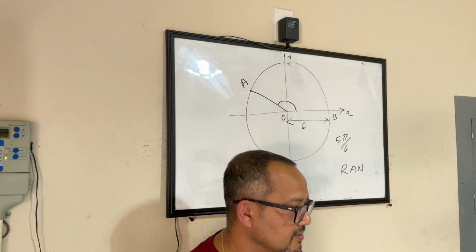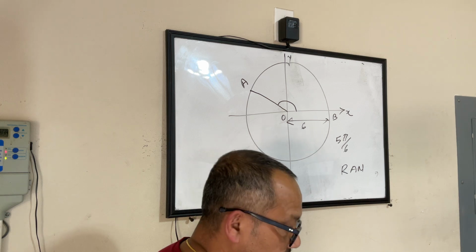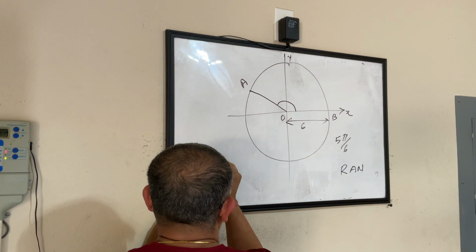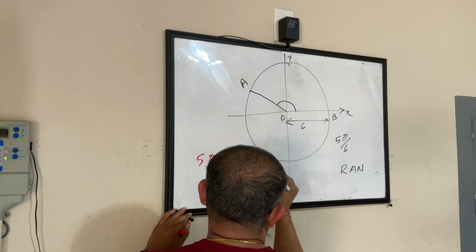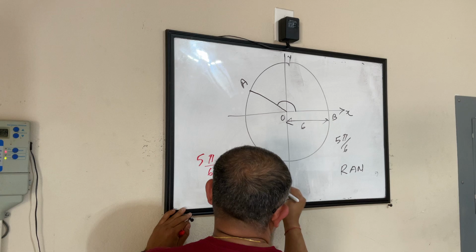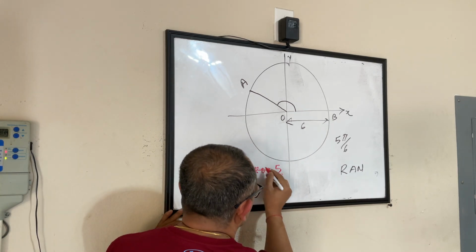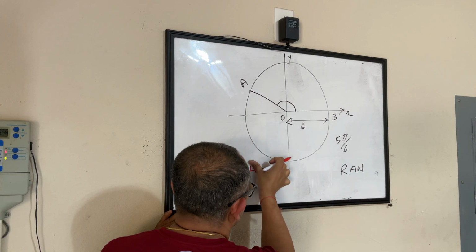Vishal: I know that to find degrees, you take 5 pi by 6 and convert the radians into degrees. You multiply by 180 by pi, which leaves you with 180 over 6 times 5, which gives 150 degrees.